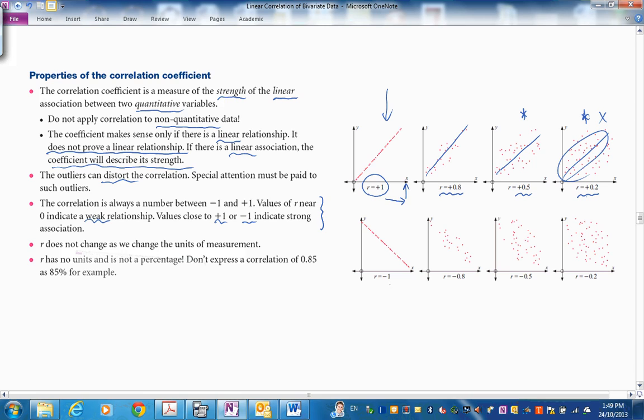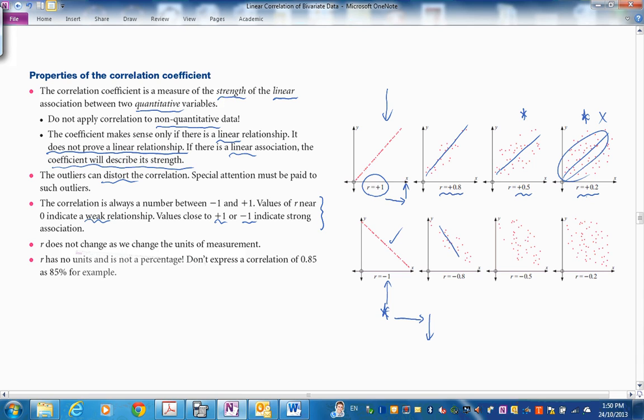What about down here now? It's perfect again, a perfect straight line. A linear model describes each of the data points perfectly. So there is an R value of 1 out of 1, if you like, but -1, because as the independent variable increases, the dependent variable is decreasing, opposite direction, so it's a negative correlation.